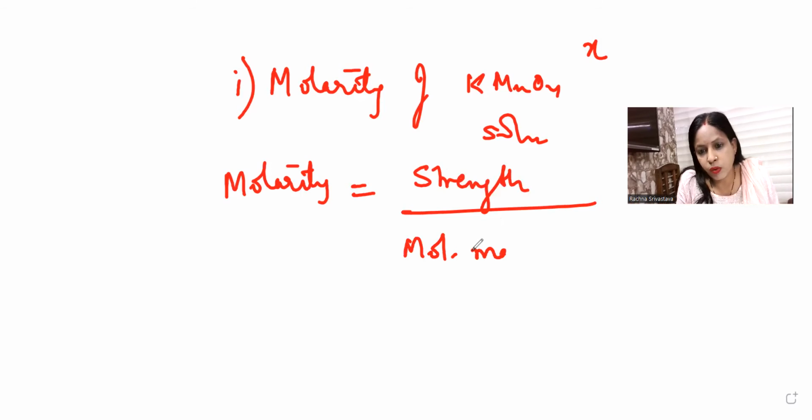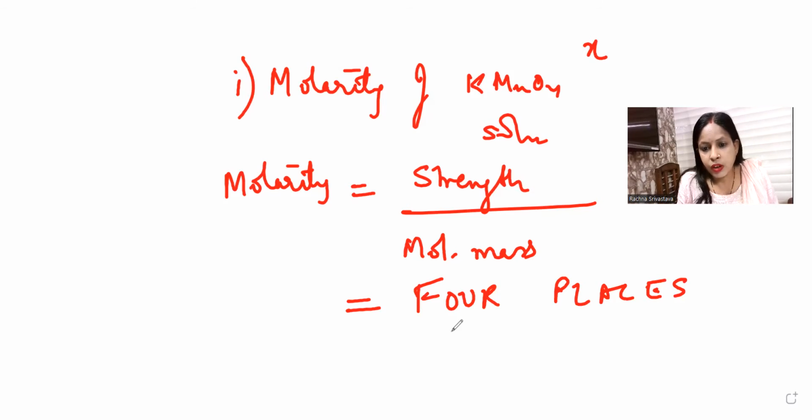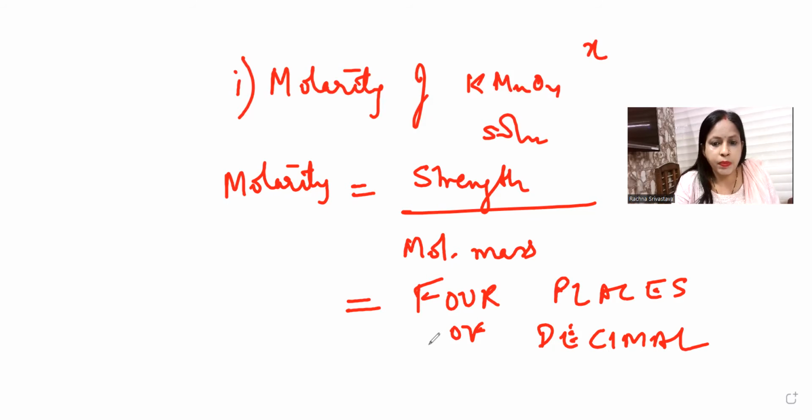This is the first formula for the first part. Now here when you are calculating the molarity, the value should be till 4 places of decimal. It is mandatory. You cannot write the value till 3 places of decimal. Is it clear? This is something very, very important.